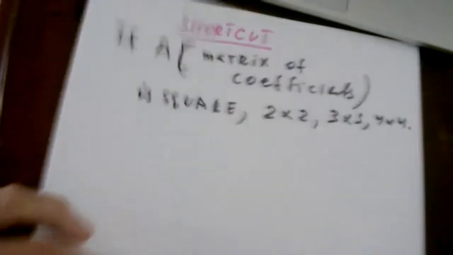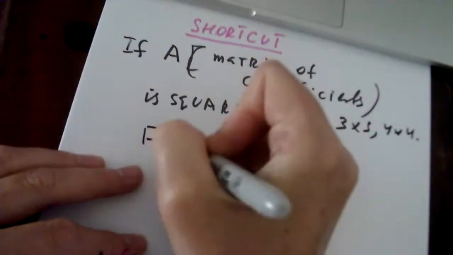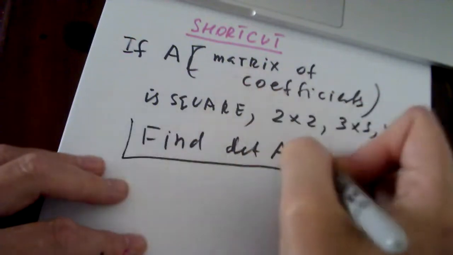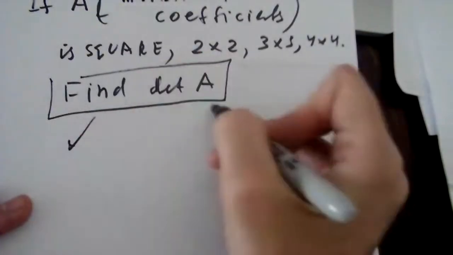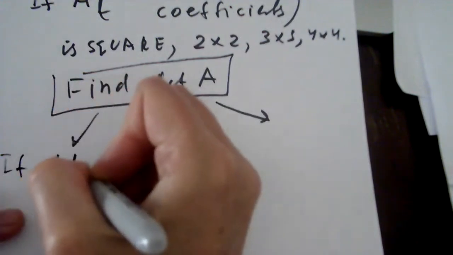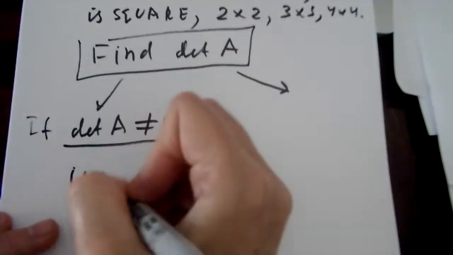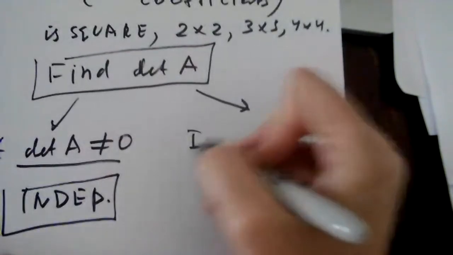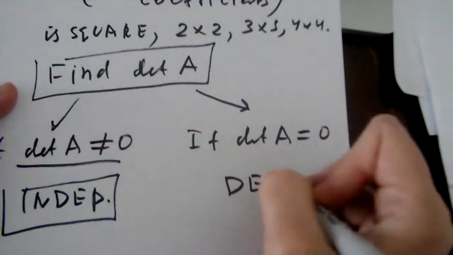In this case, it's possible to calculate the determinant of this matrix. So find the determinant of A, and what next? Your answer will depend on this determinant. If the determinant of A is non-zero, these vectors are independent. And in the opposite case, if the determinant is equal to 0, the answer will be dependent.